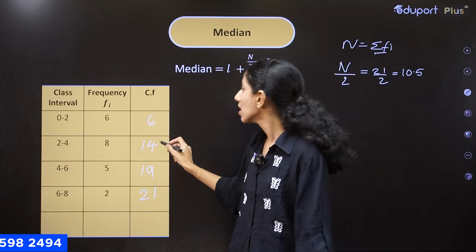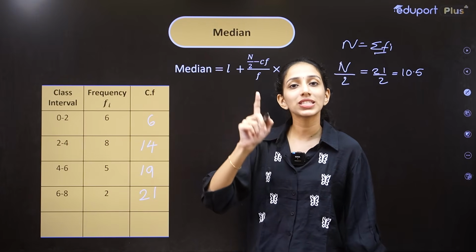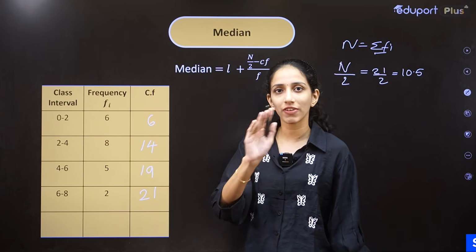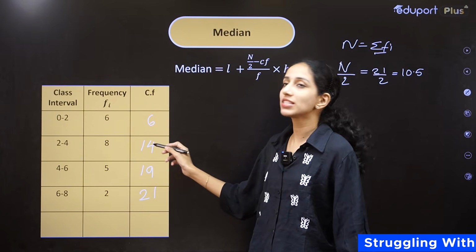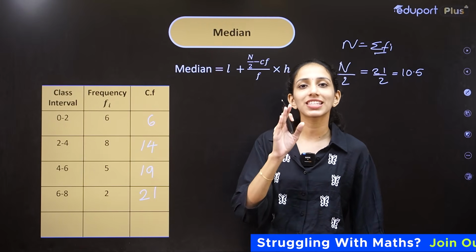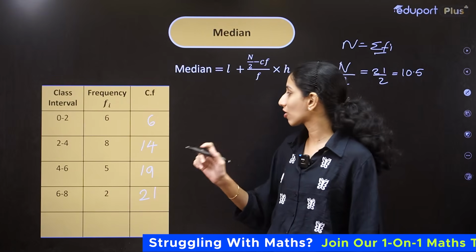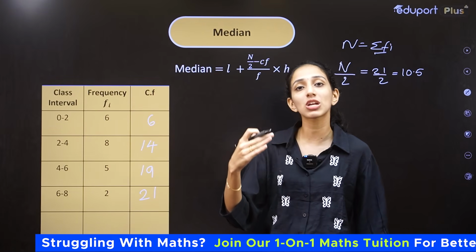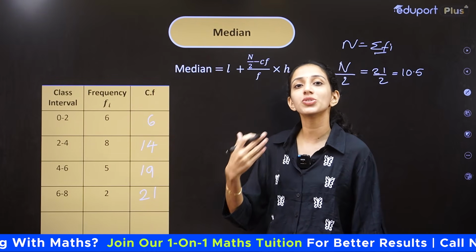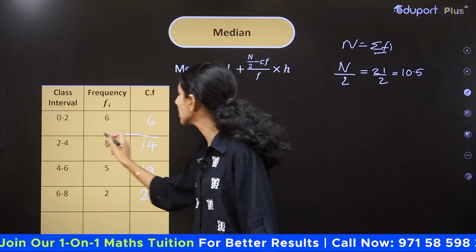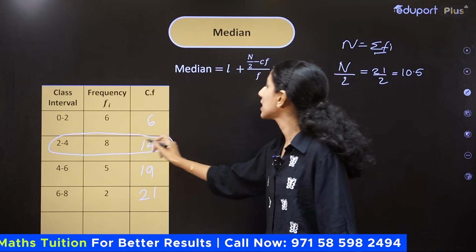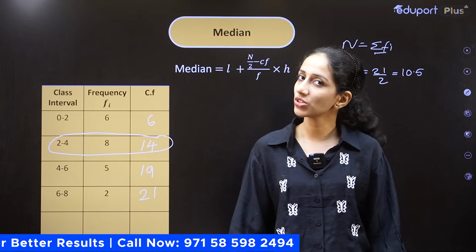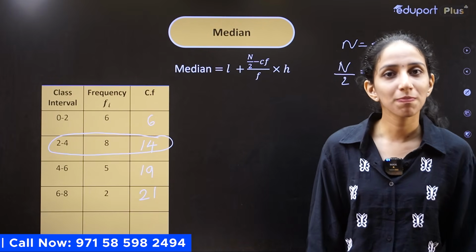Here we have 6, which is less than 10.5, so never consider that. Next is CF 14, which is greater than 10.5. So the cumulative frequency that comes after or equal to 10.5 is this class, and here is our median class. 2 to 4 is our median class.